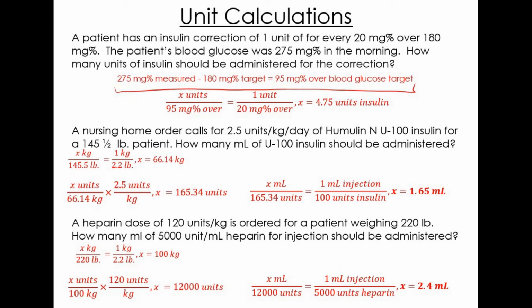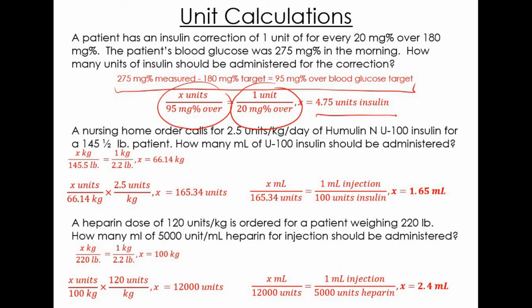It was at 275 milligrams per cent. The target was 180, and so the excess blood glucose was 95 milligrams per cent. Patient's supposed to take 1 unit for every 20 milligrams per cent over, and so the proportion looks like this. And after cross-multiplying, we see that the patient should take 4.75 units of insulin in this situation.